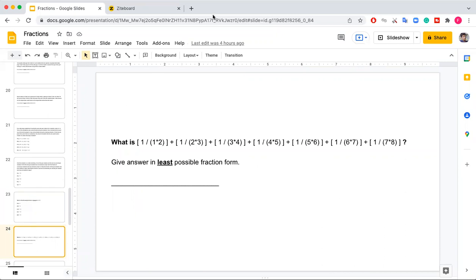Likewise, try to solve this question. Again, there is a hidden pattern in this. Try to solve this question. First, try to come up with a pattern for each of these. Seven by 8.